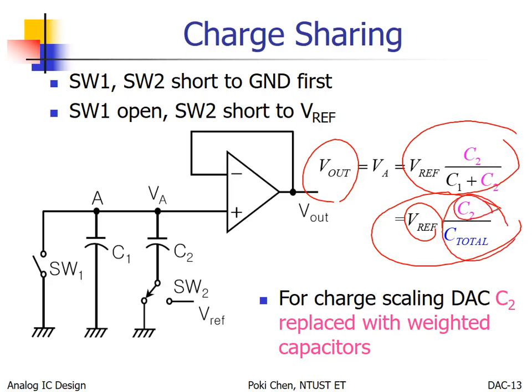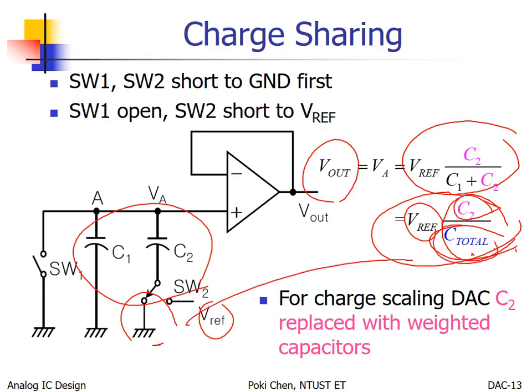Here, C2 means the capacitor that will be switched from ground to V reference. And C total means, never mind whether it is switched or not, all those capacitances need to be considered and put here. Got it? Very simple idea.